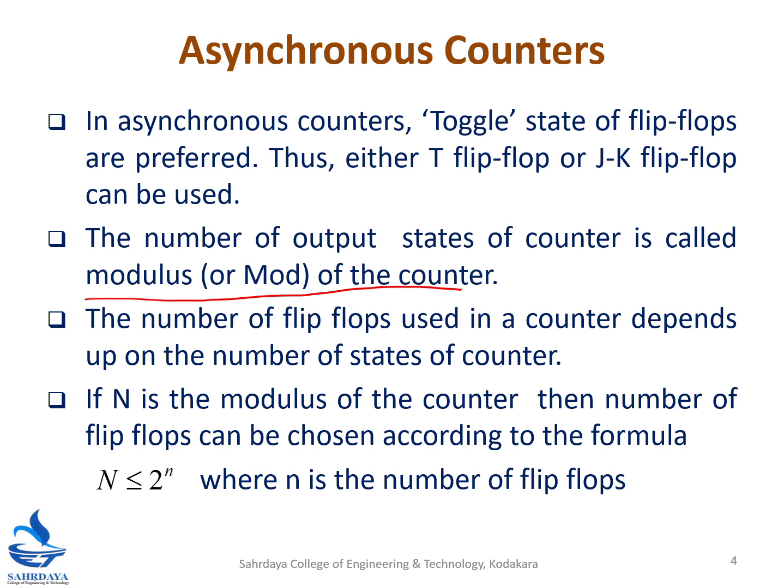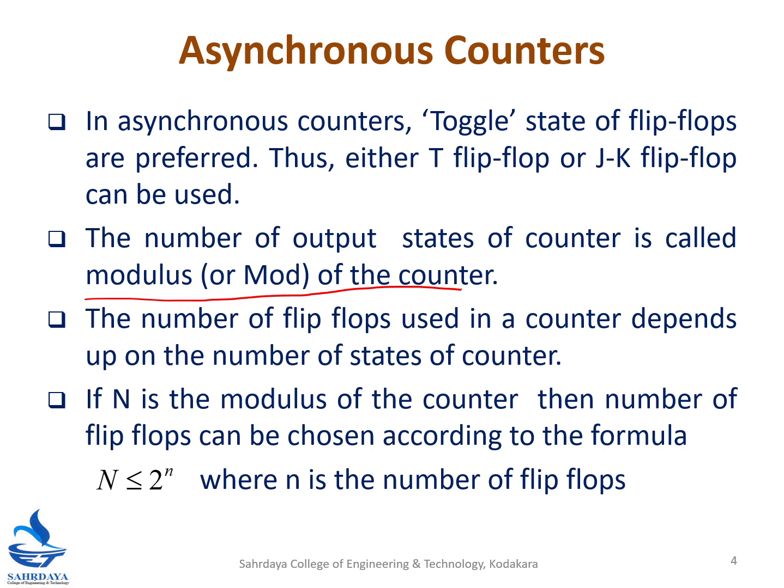First state is 00, second state is 01, third state is 10, and fourth state is 11. After 11, it will again reset to 00, and the same states will continue. So there are 4 distinct states in that 2-bit up counter, so the modulus of that counter is 4. Modulus 4 counter or mode 4 counter.